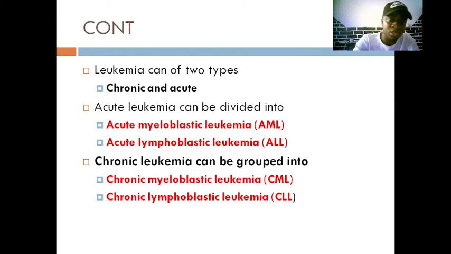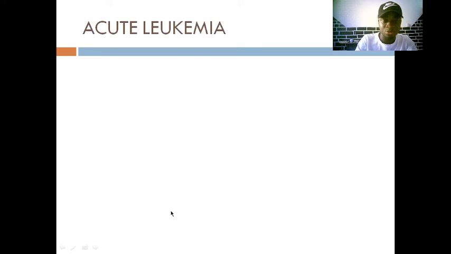So in this case there will be a lot of blast cells in the peripheral blood or bone marrow. And then the chronic lymphoblastic leukemia also occurs. What you have to understand is that in chronic leukemia we have two types: chronic myeloblastic and chronic lymphoblastic. The same thing as I explained there.